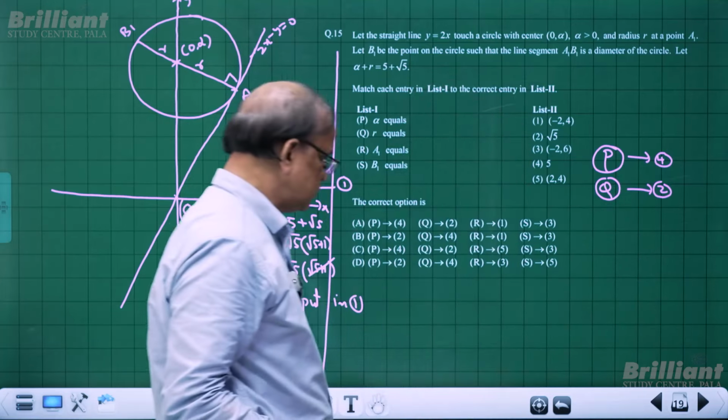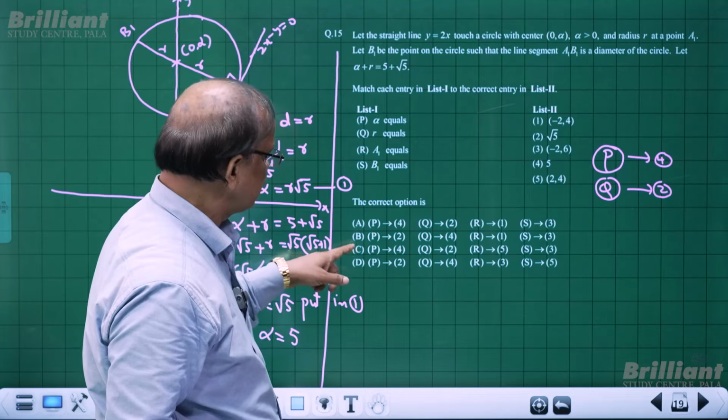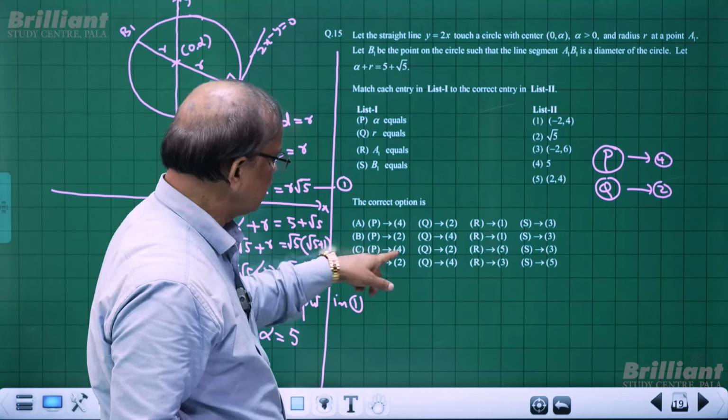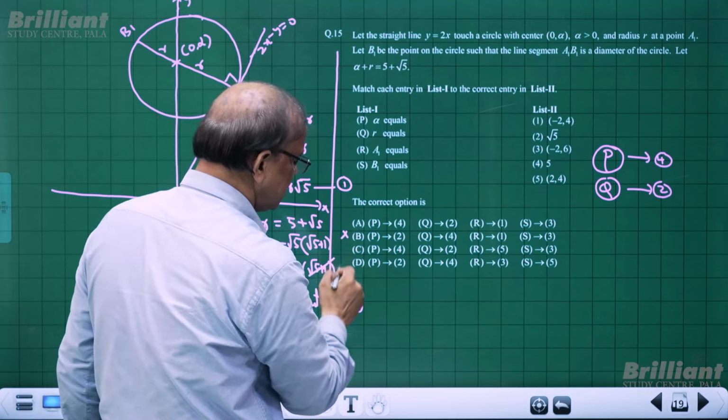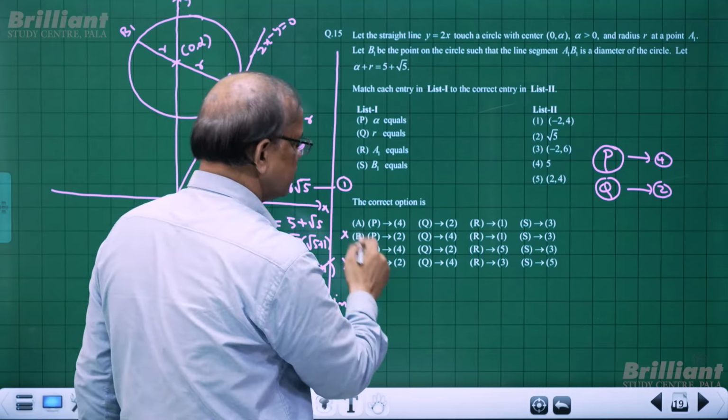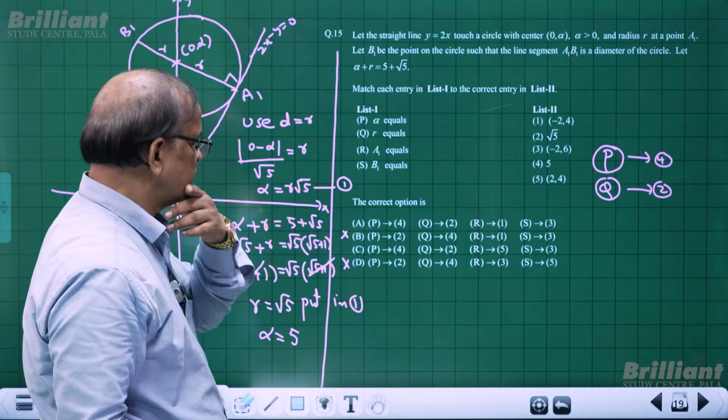So we will find out these two. P is 4. Here AC, so BD is not possible, so we have to check AC.